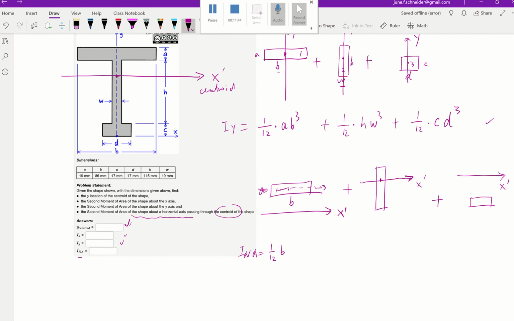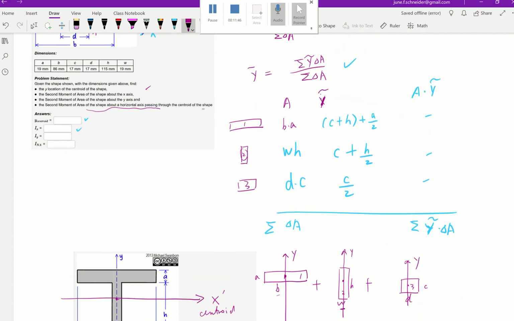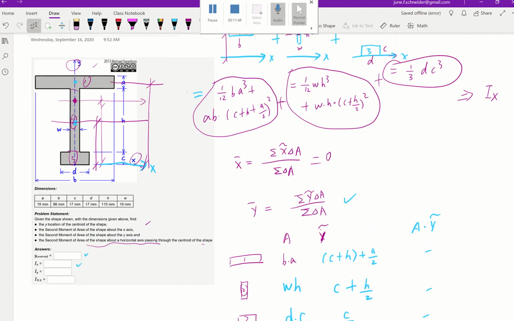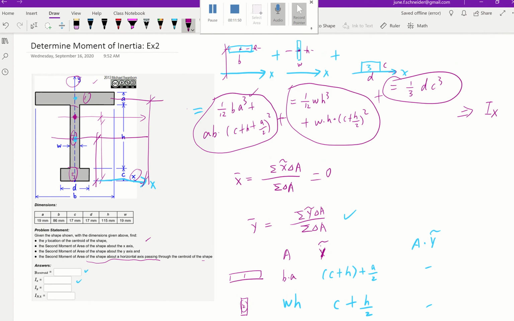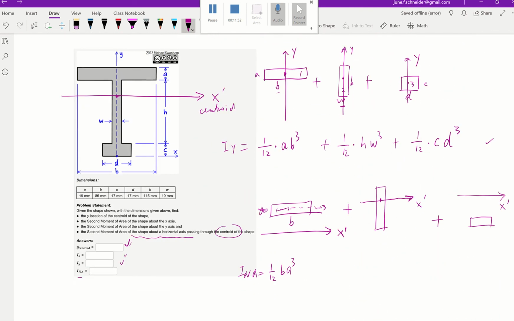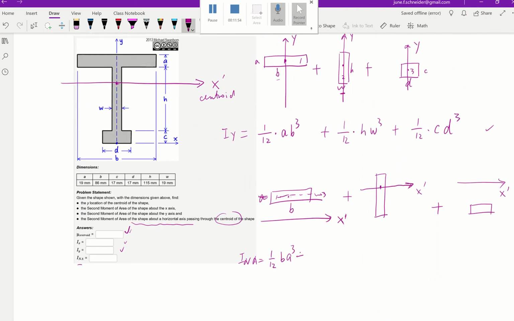So it will be 1/12 b a cubed, just like what you have right here. However, this distance is no longer the same, because it's going to be area a times b, and the distance between the centroid of this rectangle and this new axis. This new axis happens to be the centroid axis for the entire composite area, right? And so what's the distance there?